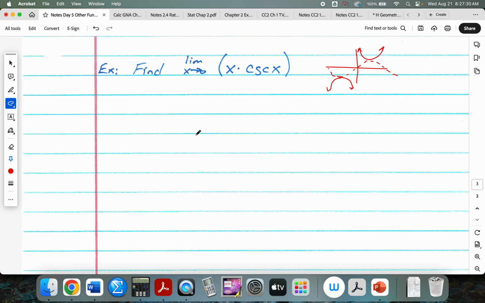So here's what I'm going to have to do. Cosecant is the reciprocal of sine, right? So shouldn't this be equal to the limit as x goes to 0 of x times 1 over sine of x? And isn't that then x over sine of x?